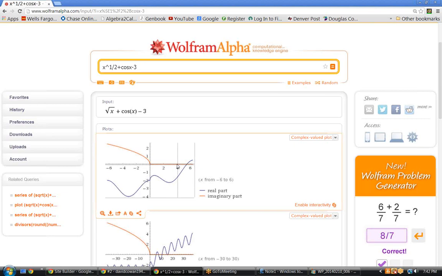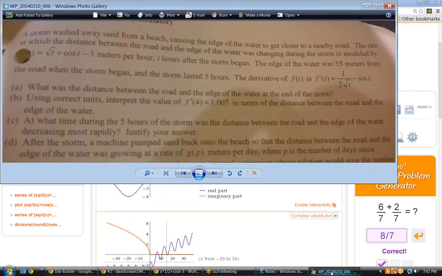And if you look at that curve and look at the slope of the tangent line right there, pretty close to 45 degrees. In other words, the slope is going to be close to 1. And that's what they've said in their problem: f prime is going to be the slope anywhere, but f prime evaluated at 4 is going to be specifically the slope of this function at 4. So they're saying the slope is 1.007.